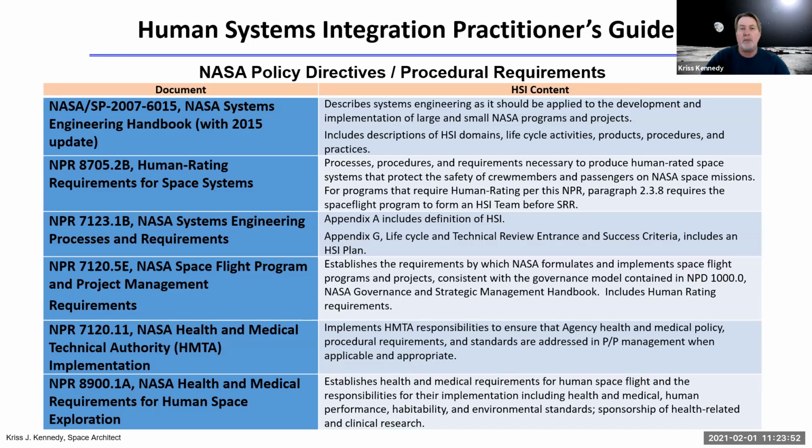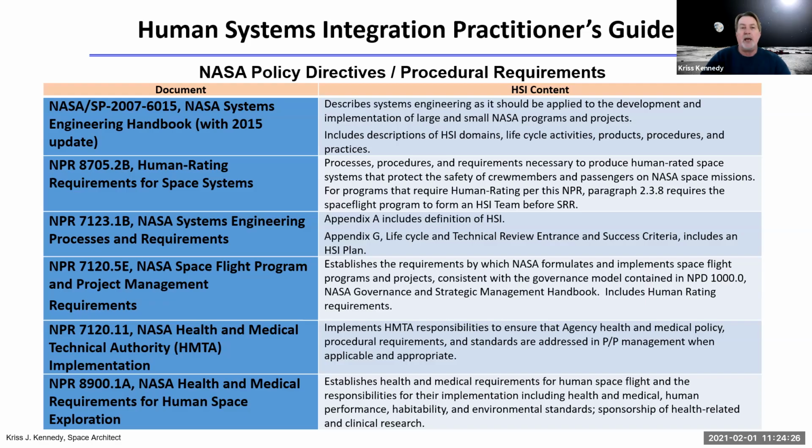There are a number of NASA policy directives and procedural requirements that have HSI content. So you have the NASA SP-2007-6105, which is the NASA Systems Engineering Handbook with a 2015 update that describes systems engineering and the development and implementation of large and small projects and programs, and includes description of HSI domains and lifecycle activities, products, procedures, and practices.